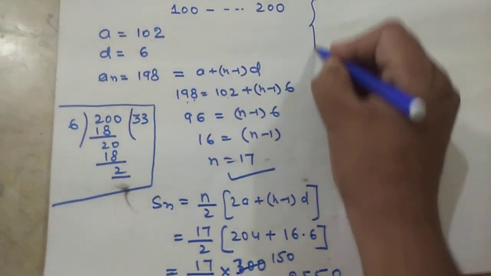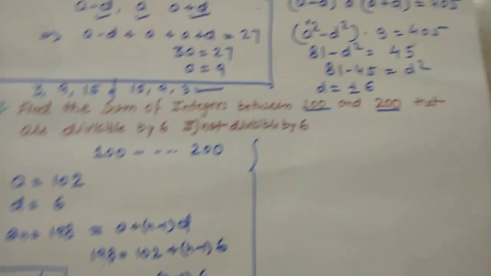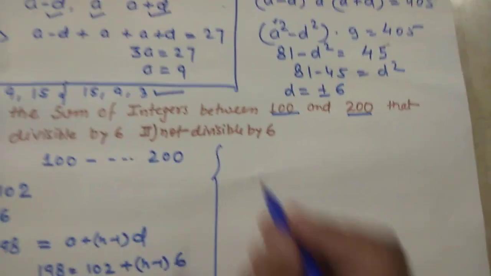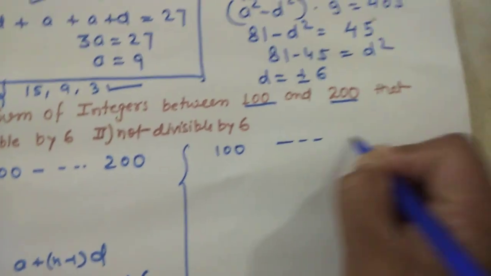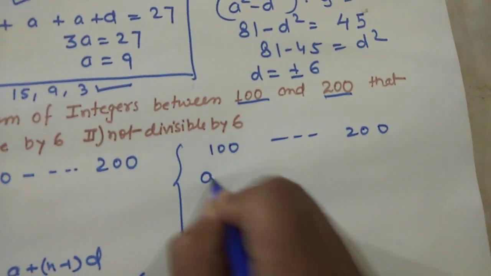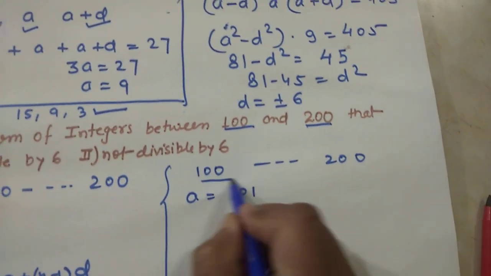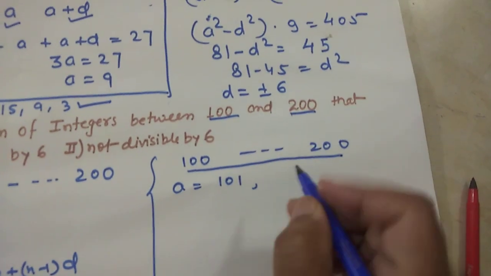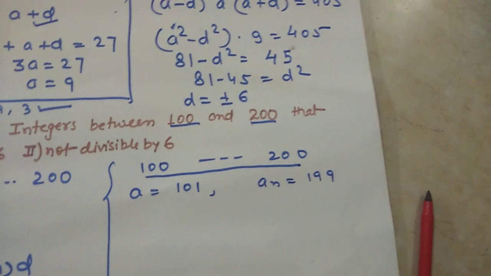Now which is not divisible by 6? So first of all, between 100 to 200, the first number is 101. We have to find the sum between 100 and 200, the last number is 199.